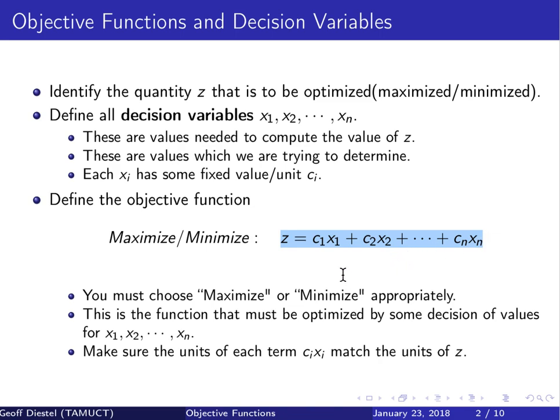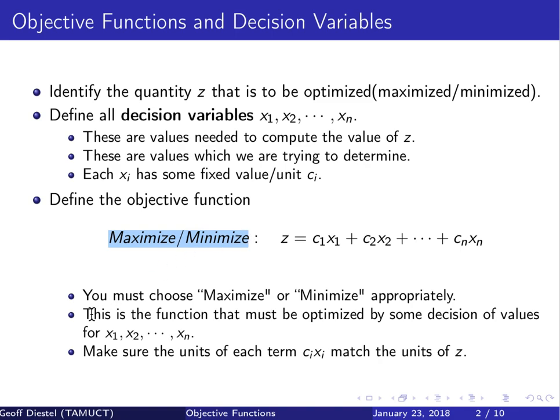So again, you have to choose whether this is a maximize problem or a minimize problem. When you do that, you will write maximize or minimize in front of the objective function just as a label to let the reader know what kind of problem we're dealing with. You're not going to write maximize slash minimize. I'm just putting that there to emphasize that there's a choice that needs to be made.